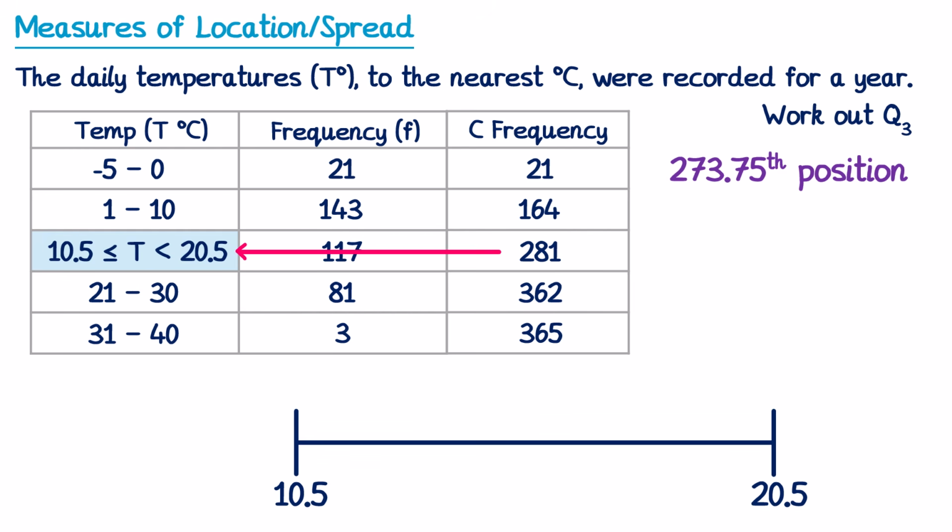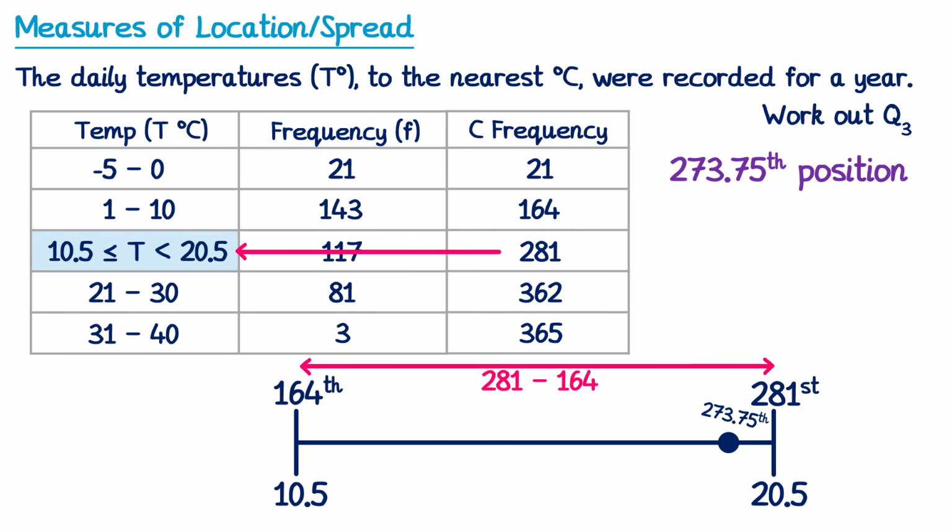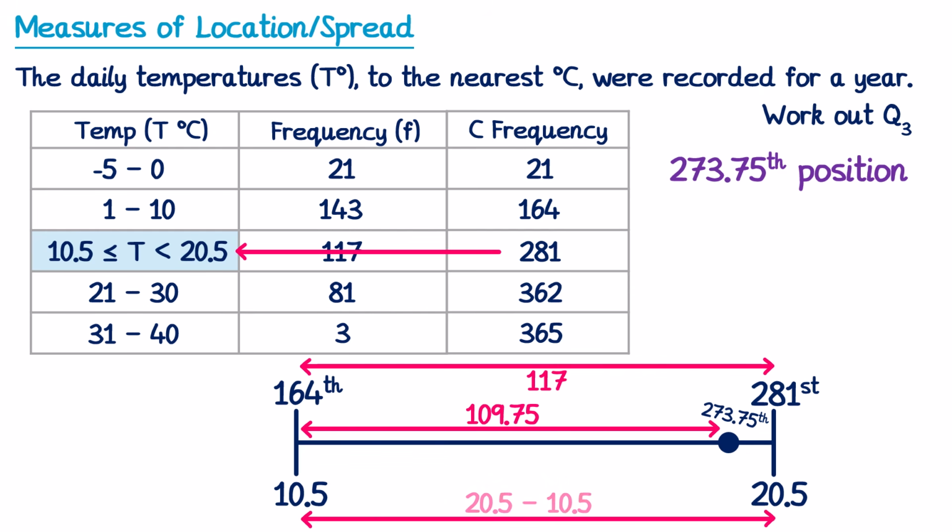The rest of the question proceeds as normal. So the end of the previous interval was frequency 164, and the end of this interval is 281. We mark on our point, which is position 273.75, including that 0.75. And then we just do as we did before. The difference between these two values, the difference between the temperatures here, and then we mark on this value that we want to find as x.